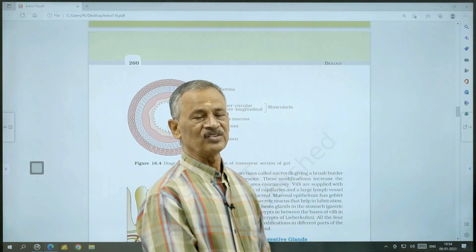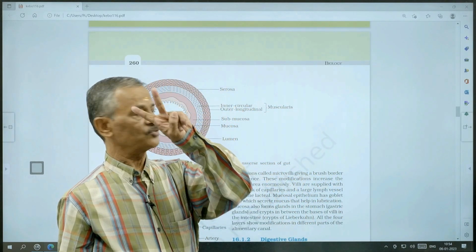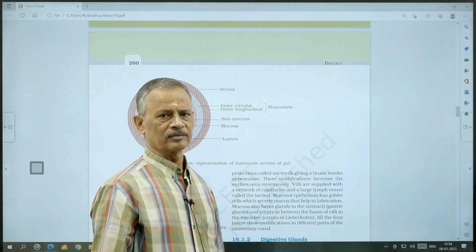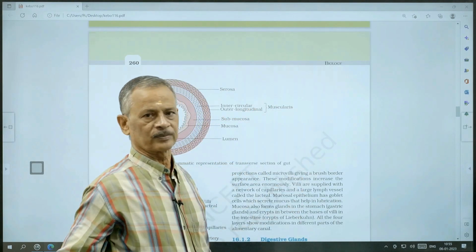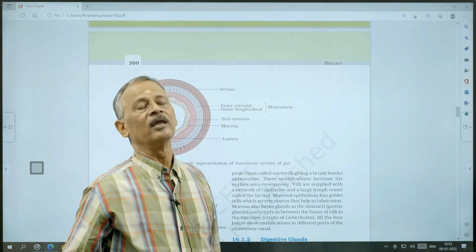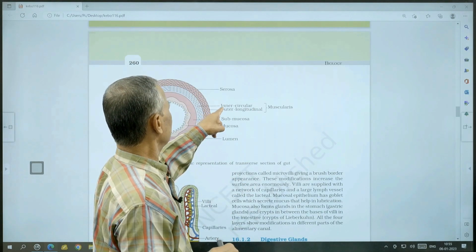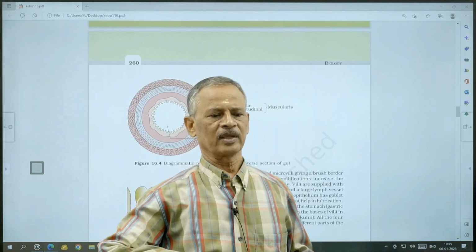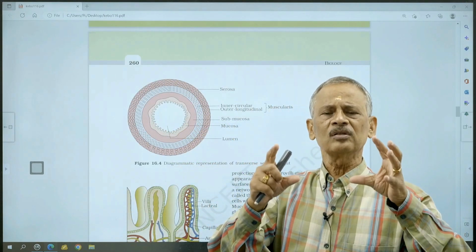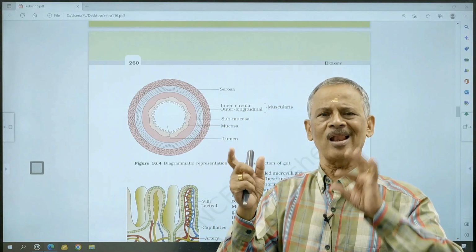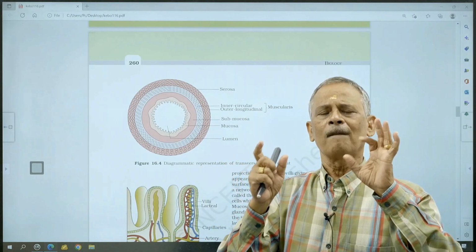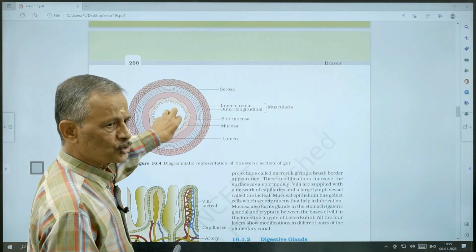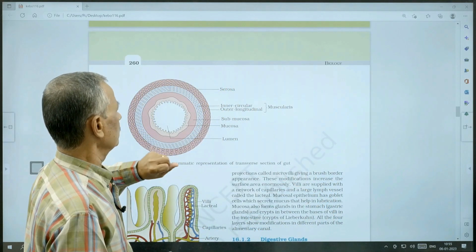And these muscles are in 2 layers. Understand? Outer one is longitudinal, which is running lengthwise throughout the length. Whereas the second, inner one, is circular in the form of rings around. So both outer longitudinal and inner circular muscles are helping in moving, pushing the food through the intestine.